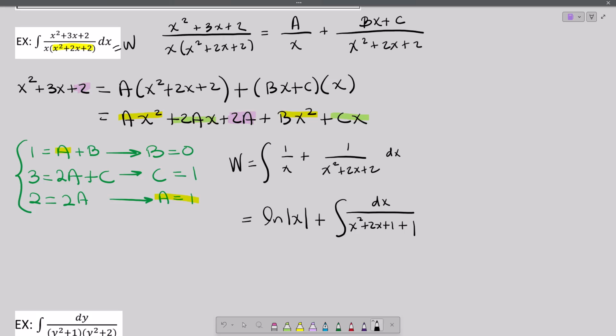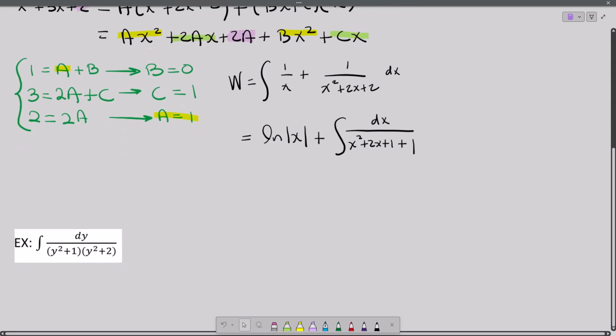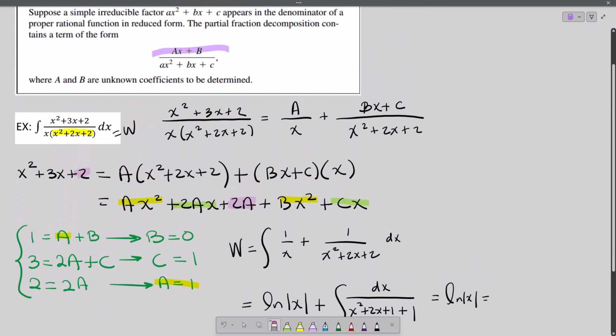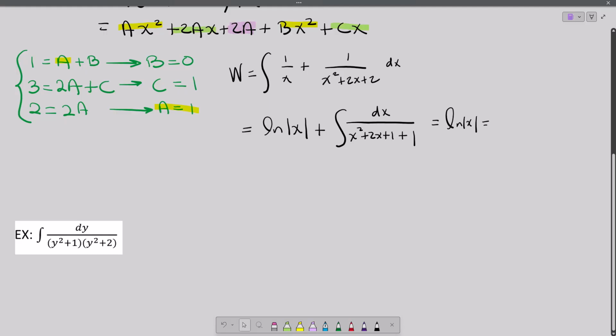Now we have a perfect square trinomial, and that perfect square trinomial will give us this. That's a plus integral. So this is going to be x plus 1 squared plus 1.